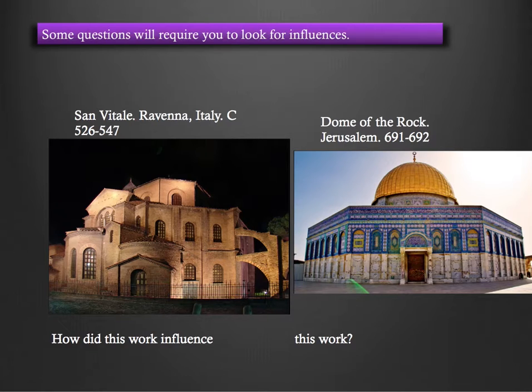Now, San Vitale is a Christian work, a Byzantine work, and it's built on an octagonal plan, and it influenced the construction of the Dome of the Rock, which is an Umayyad Islamic structure. But the first Islamic structures were built with a similar floor plan to the Christian churches that were being constructed previously.